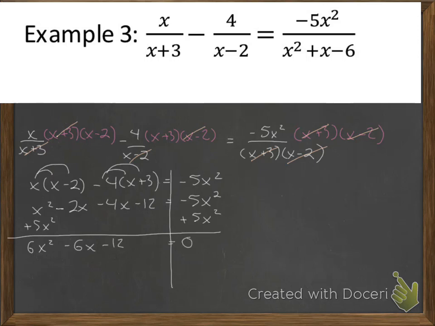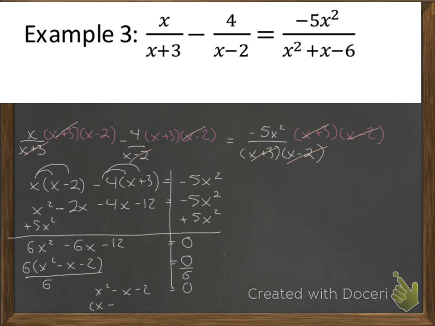Remember, anytime you have a quadratic equation, you have to use the zero product property, meaning you have to get 0 on one side. Okay, so I can factor out a 6. So I'm left with x squared minus x minus 2. Okay, at this point, you don't have to, but if you want to, you could divide both sides by 6, right? It's still the same. So then you have x squared minus x minus 2, and now we need to factor him.